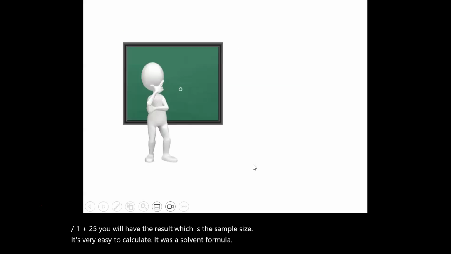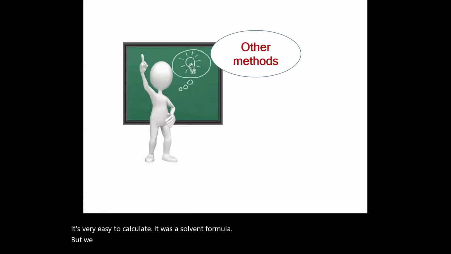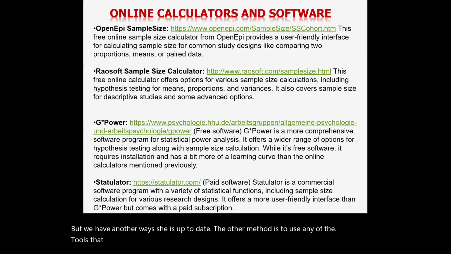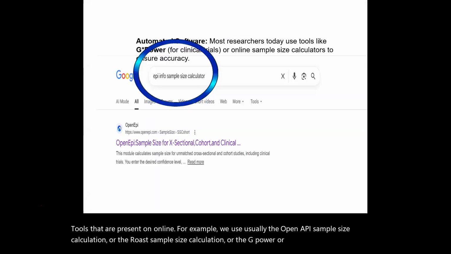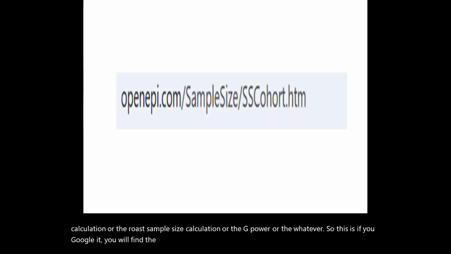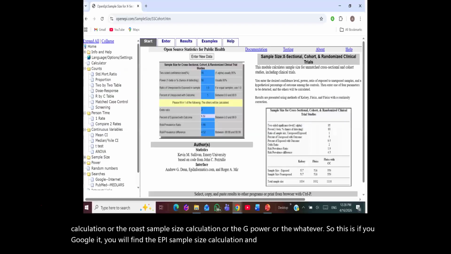But we have other ways, which are up to date. The other method is to use any of the tools that are present online. For example, we usually use the OpenEpi sample size calculation, or the Raosoft sample size calculation, or G*Power, or whatever. If you Google it, you will find the sample size calculator. And this is the symbol of it.